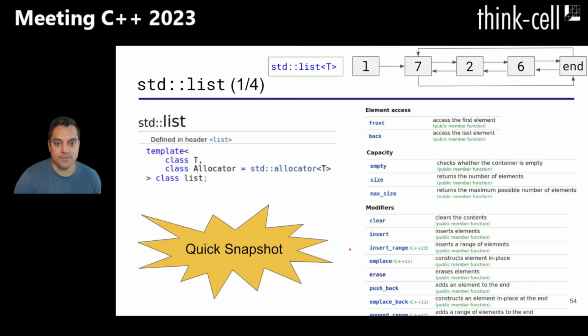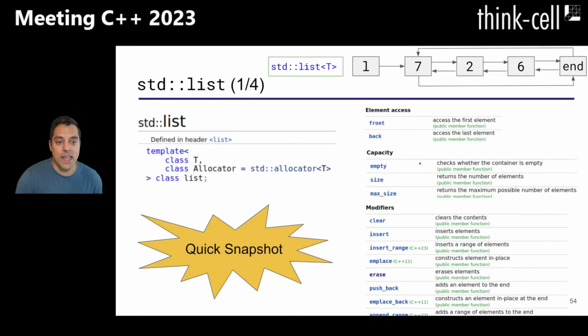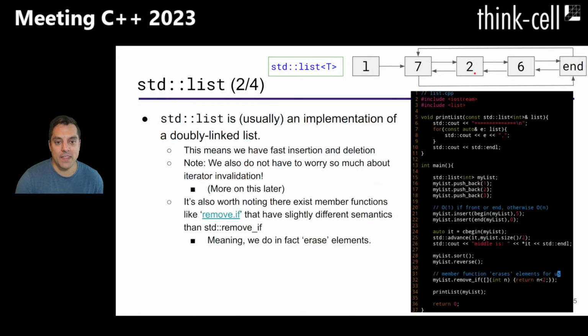All right. So let's look at a linked data structure here, which is a list. Now, a list itself, again, is similar to the deque, but this time explicitly one element per one of those chunks. And in fact, we don't need this additional abstraction with the map, because we have nodes that just directly point to the next node.